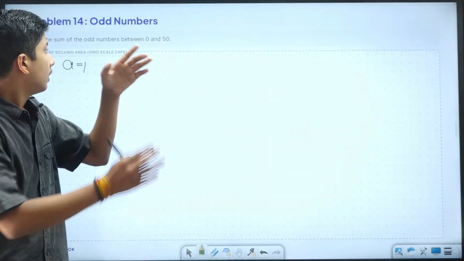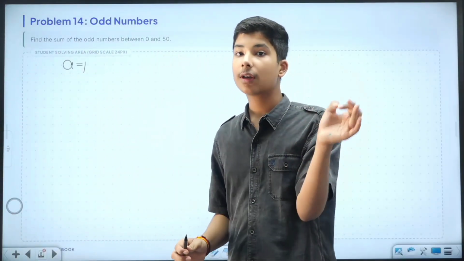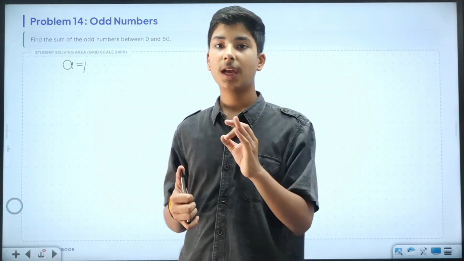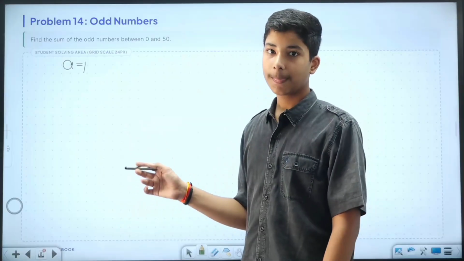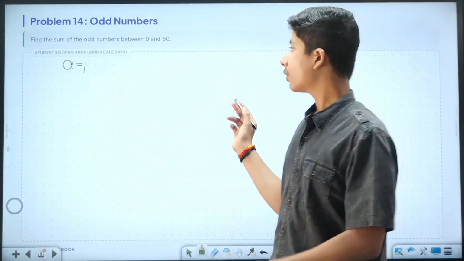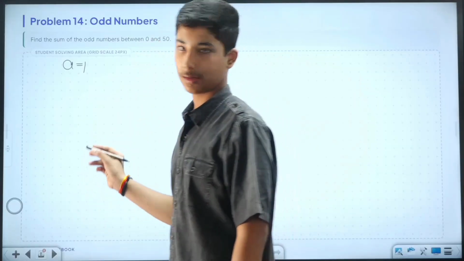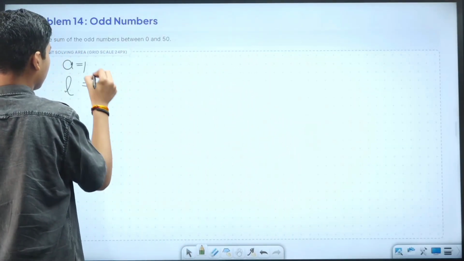Because between means 0 should not come, 50 should not come, and they will not come also because they are not odd numbers. We cannot exceed them, but we can go under them. So it will be the last term, 50 minus 1, 49. l equal to 49.